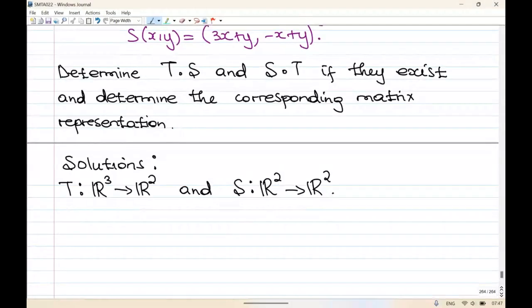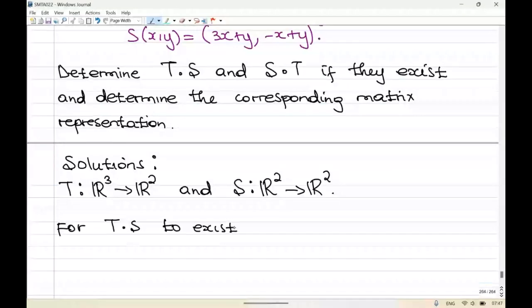To check the composition, we must check for the product of T and S to exist.